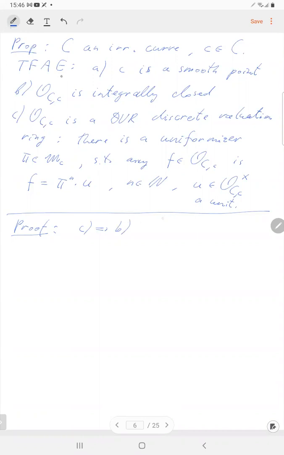Because a DVR is a unique factorization domain, and a unique factorization domain is integrally closed, and it's easy and well known.